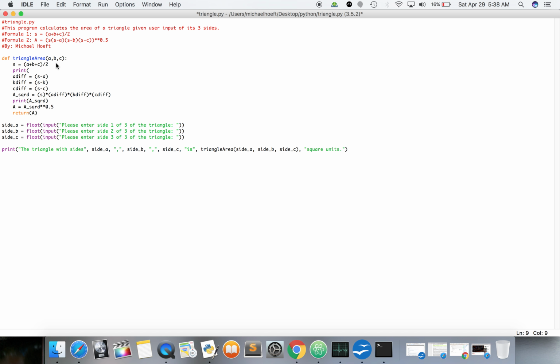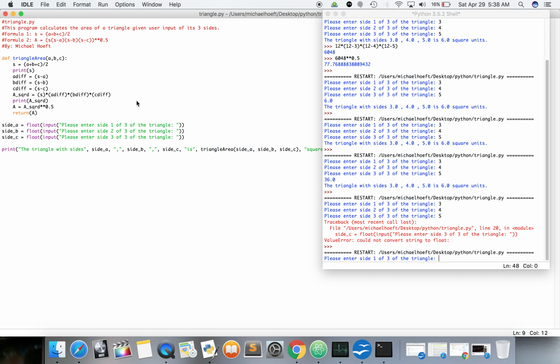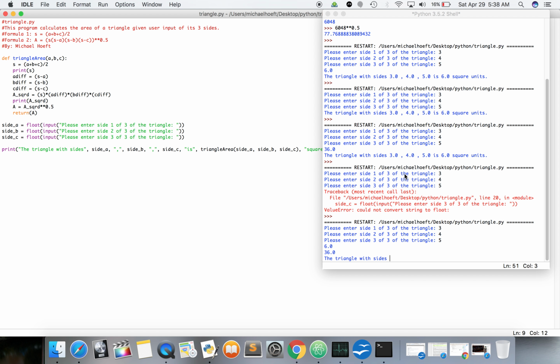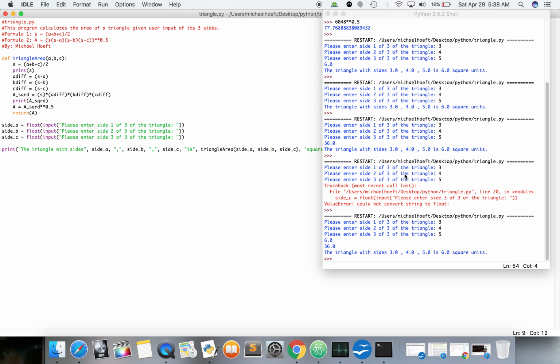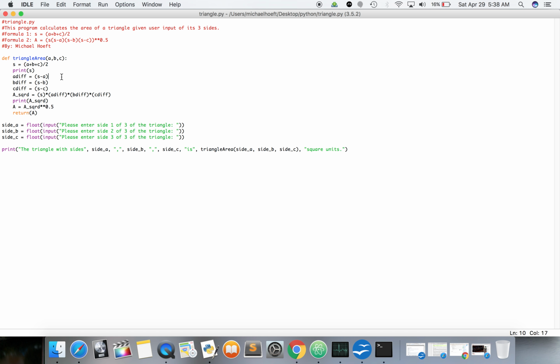Let's do this again. Let's put print S. Let's see if this is an issue right now. 3, 4, 5. Oh. So S is 6, which is correct. But so 12, well, so 6. 6 minus 3 is 3. 6 minus 4 is 2. 6 minus 5 is 1.